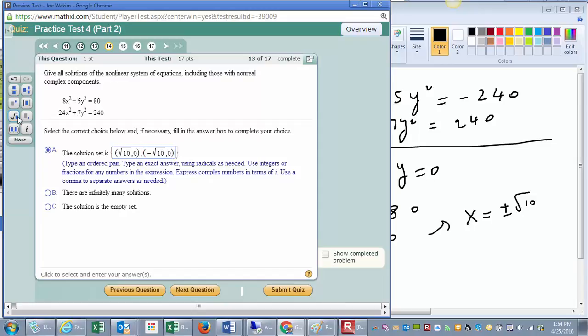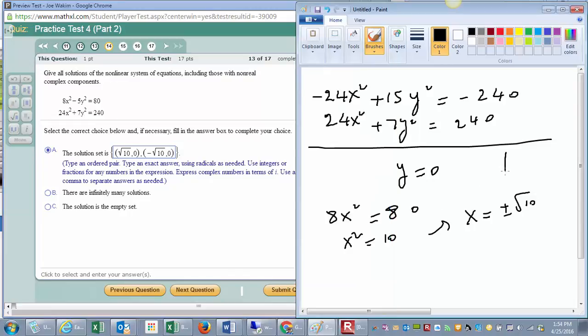Again, here we have a hyperbola and an ellipse, and they look like they're intersecting at only 2 points. If you put y equals 0 here, then x squared would be 10, x would be plus or minus square root of 10. So it looks like we're doing this well.